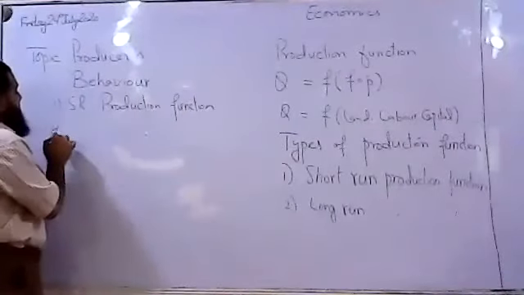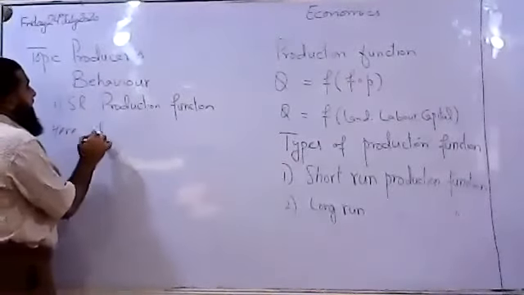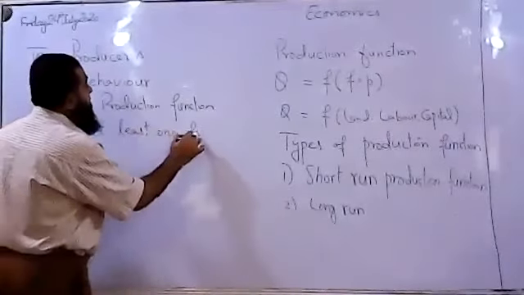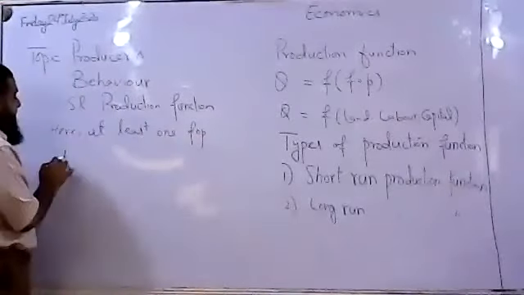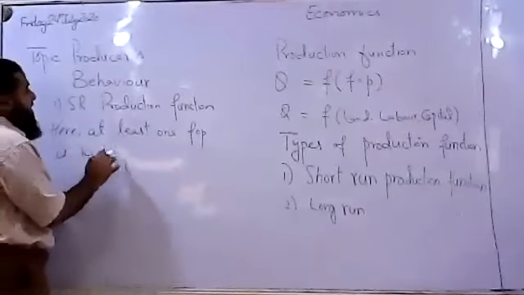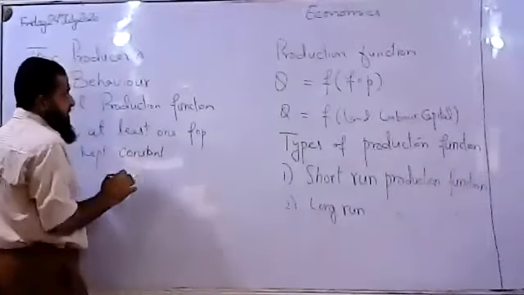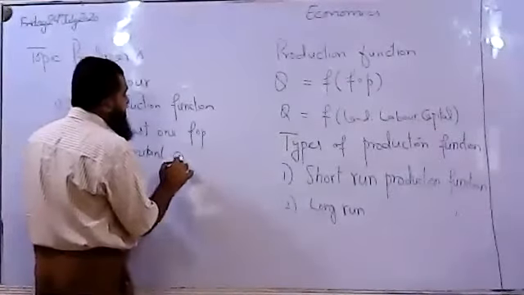Here at least one factor of production is kept constant. There can be more than one, but at least one, and others are variable.